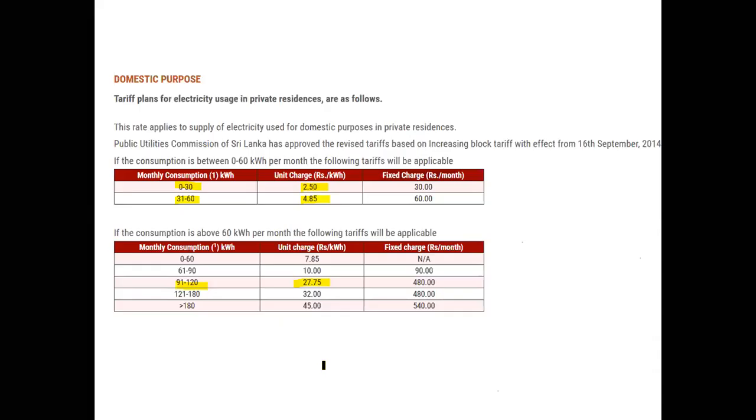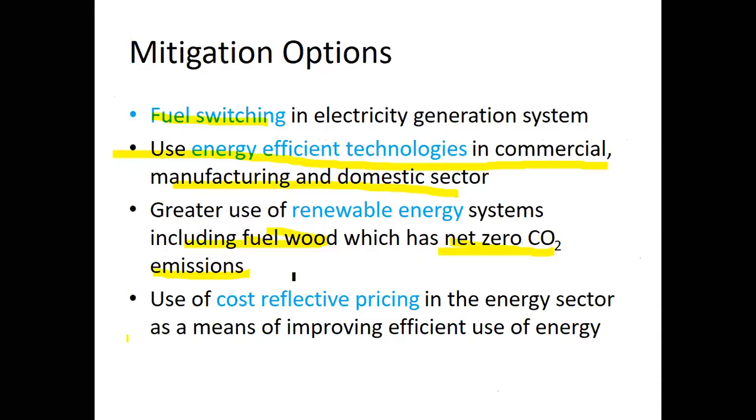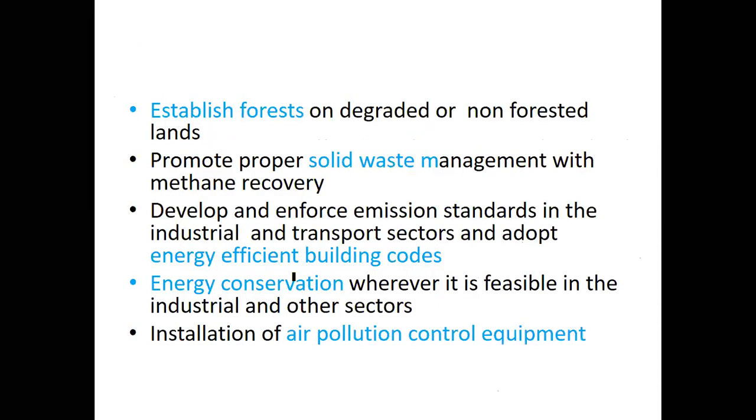They know that if the consumption exceeds 90 kilowatt hours, their electricity bill can double or triple. Likewise, with a good pricing system, we can reduce the consumption of electricity. Once we reduce the consumption of electricity, we can reduce the emission of greenhouse gases.